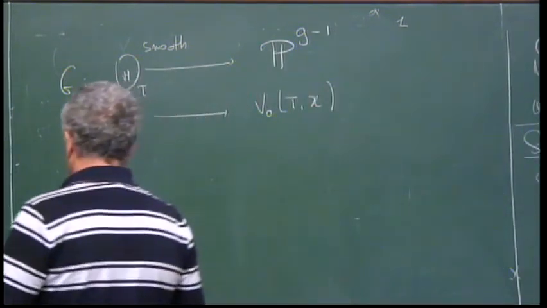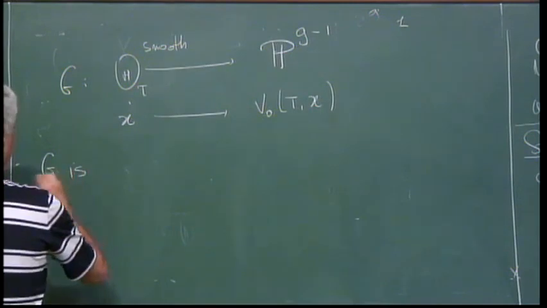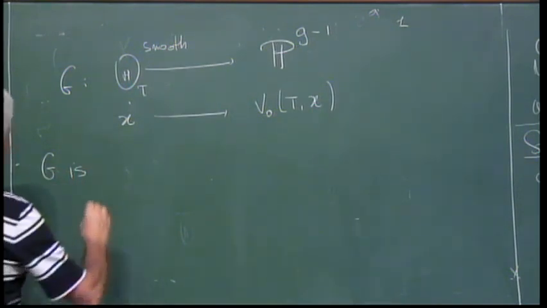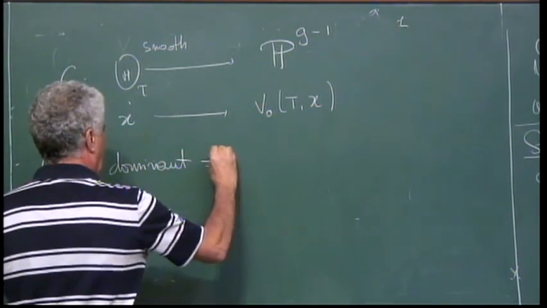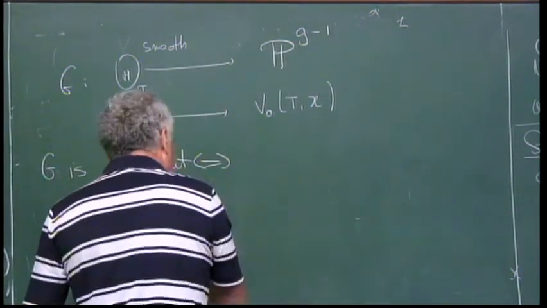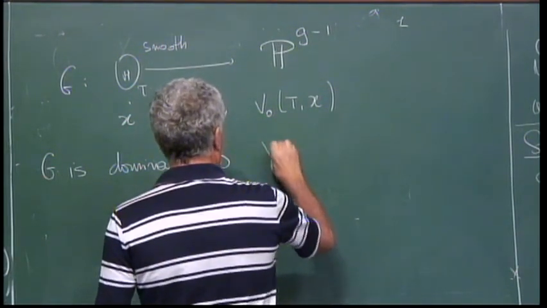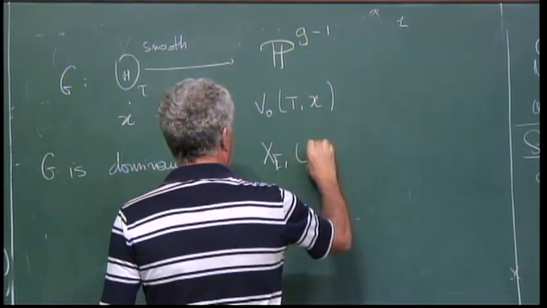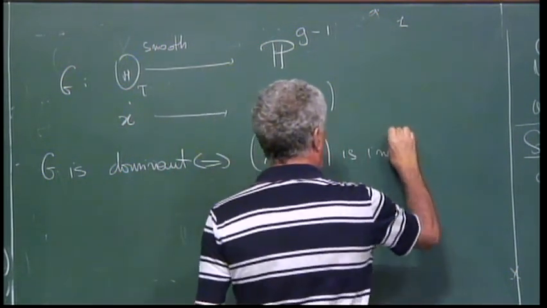What is known? G is dominant if and only if (X_tau, theta_tau) is indecomposable.